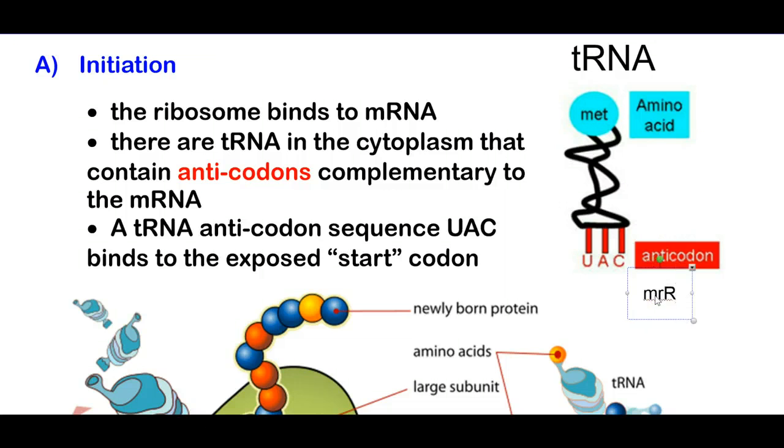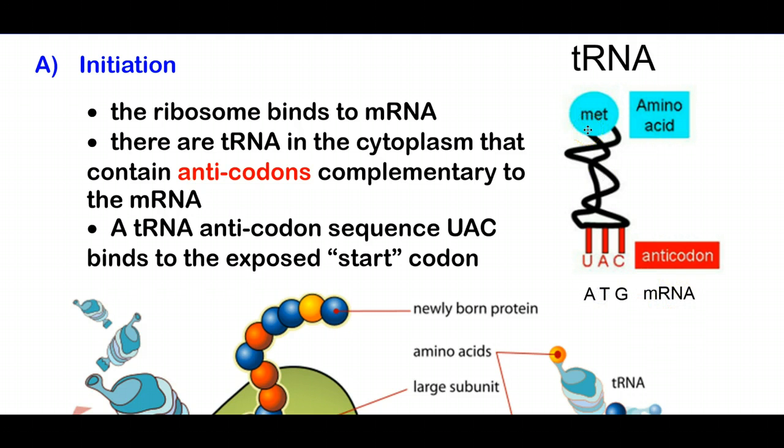If we were to have our mRNA transcript down here, each tRNA has its own amino acid that it codes for, and the anticodon is what matches up with what's on the mRNA. So the mRNA for this one would be A, T, and G. This would represent the mRNA and each tRNA.